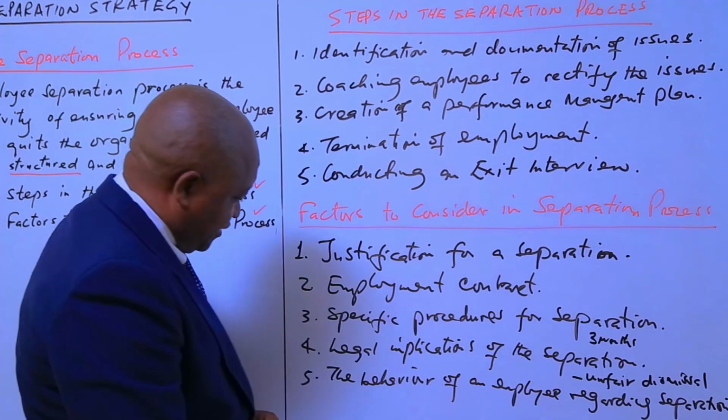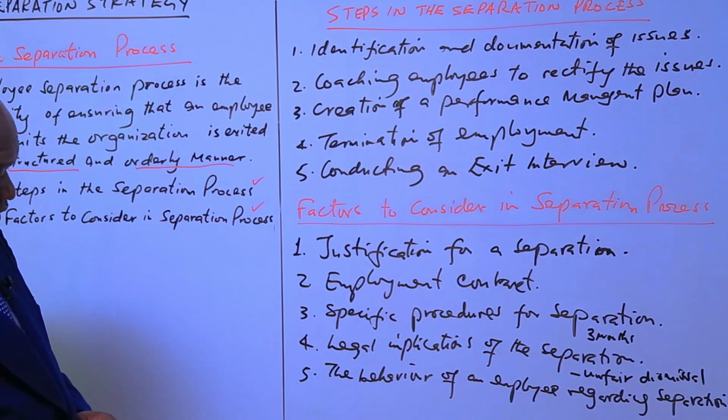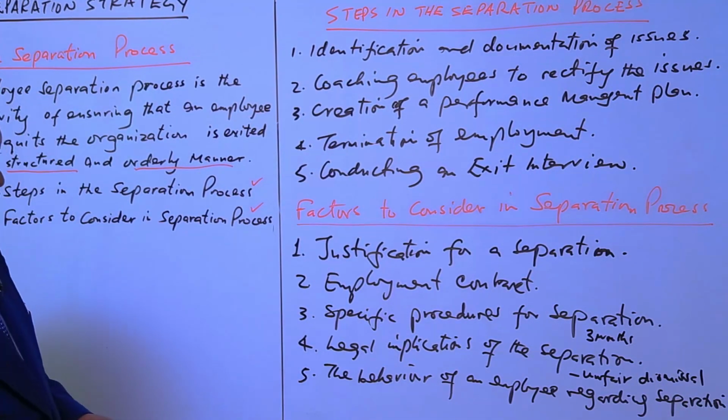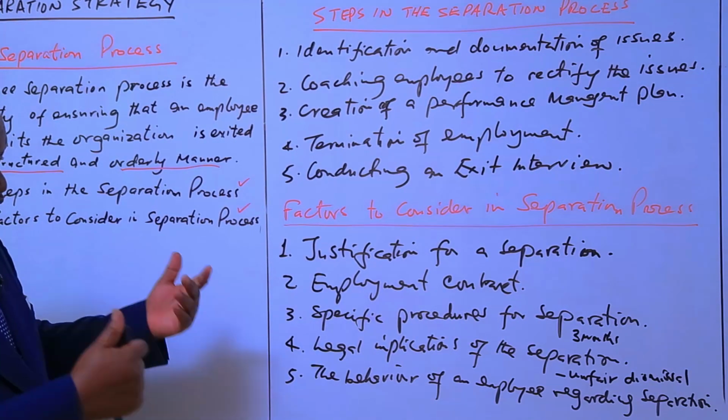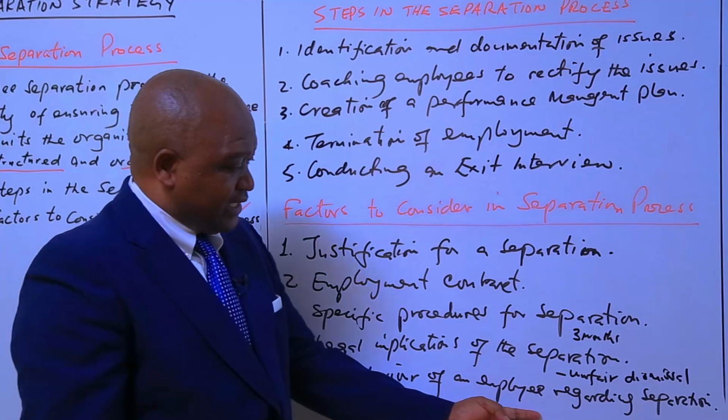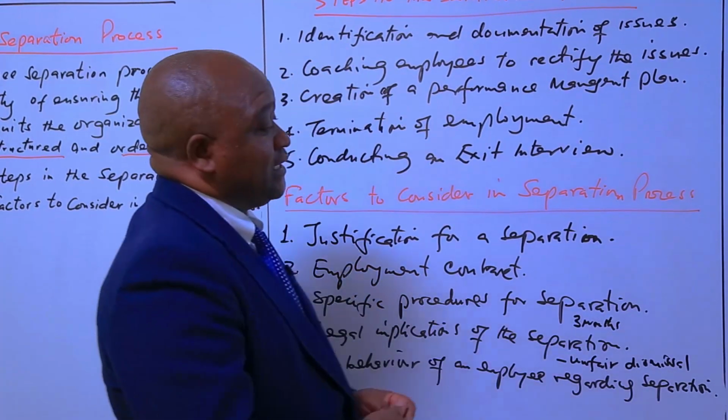So, dear learner, it's also important that if you are ever involved in the separation process of an organization, you try to anticipate how the employee is likely to behave during this particular separation process.